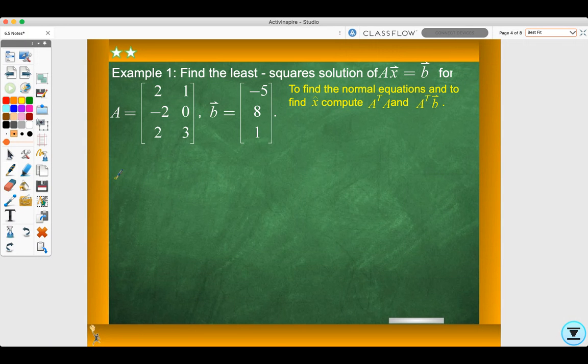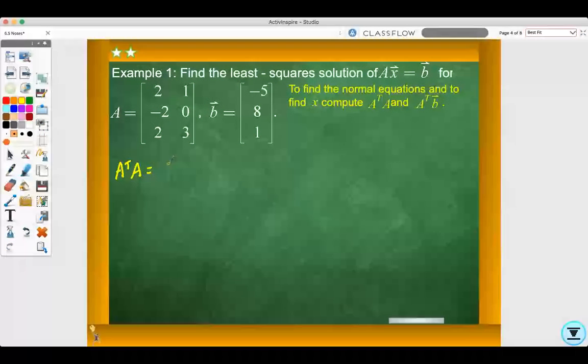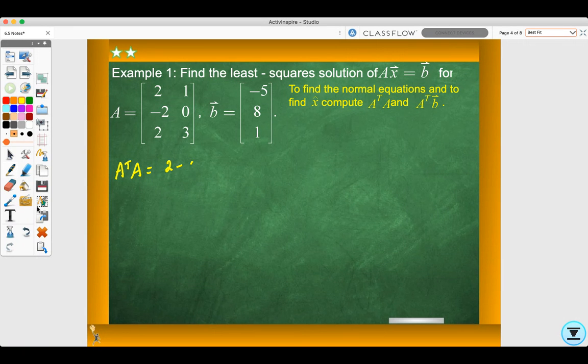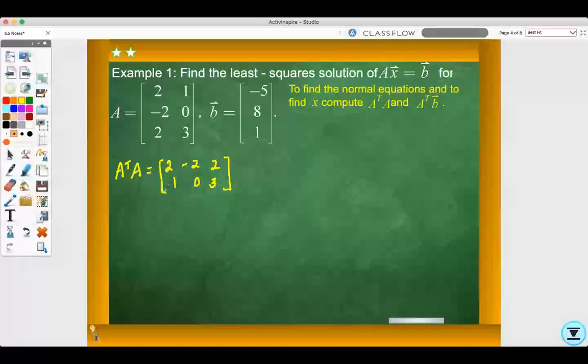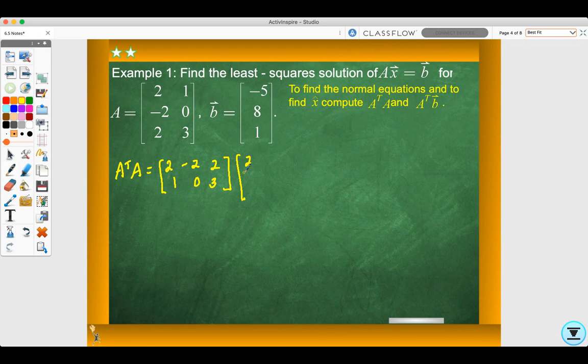So let's first compute A transpose A. A transpose would be 2, negative 2, 2, 1, 0, 3.